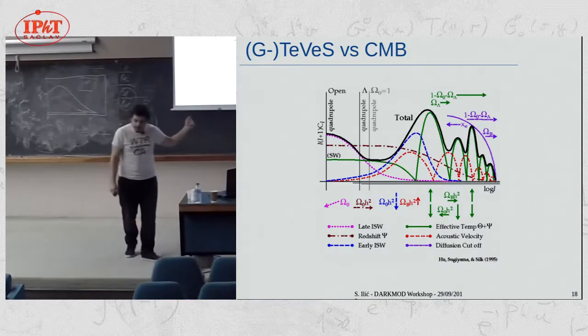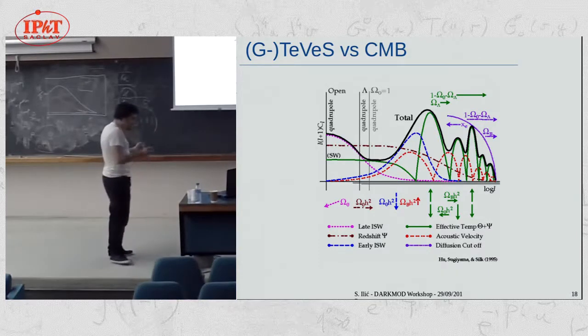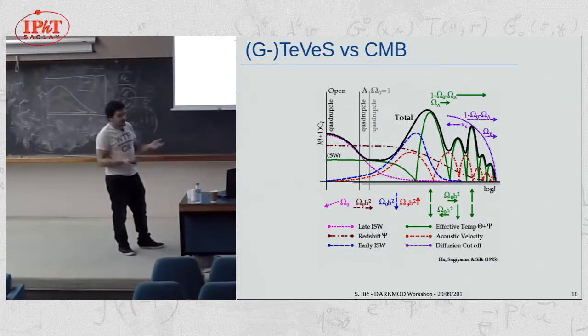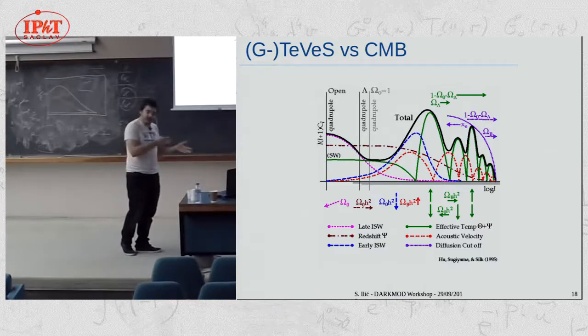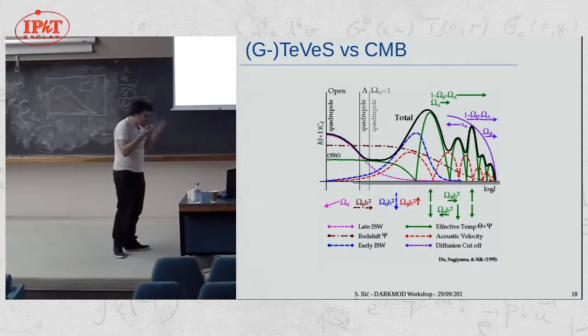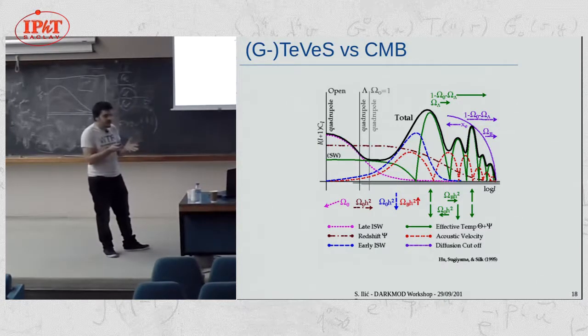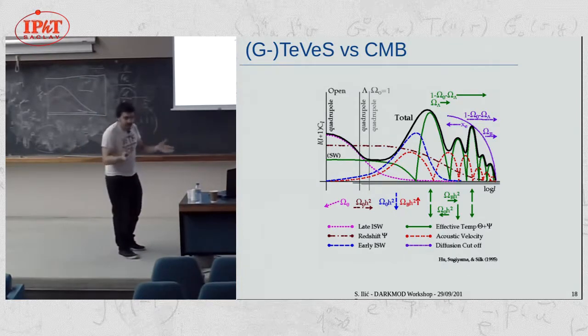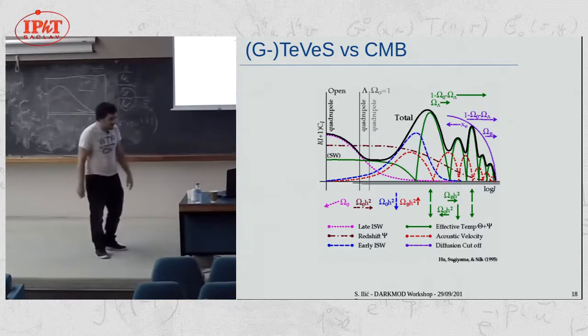Indeed, these so-called acoustic peaks of the CMB originate from the oscillation in the baryon-photon fluid during the radiation-dominated era, and it's intuitively obvious that those oscillations will be different whether or not you have an additional massive non-interacting component around, such as cold dark matter.